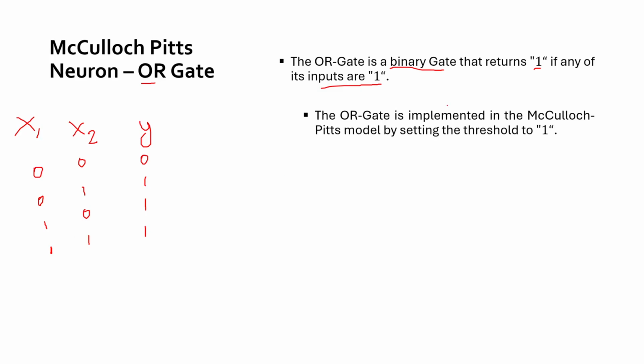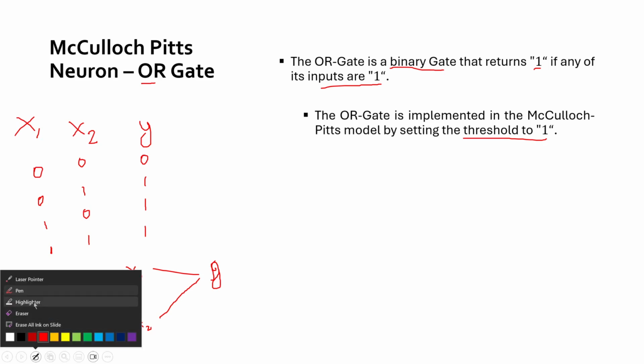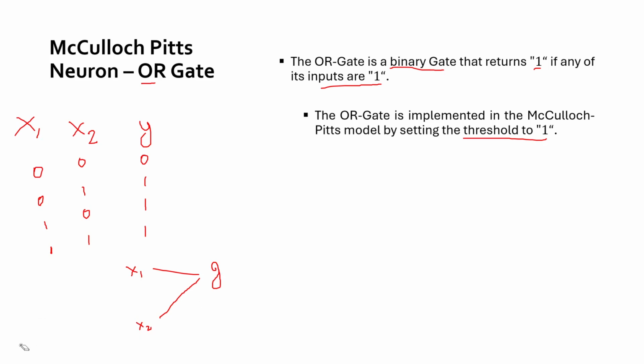The OR gate in the McCulloch-Pitts neuron is implemented by setting the threshold to 1. So if you consider the inputs x1, x2 passed to the McCulloch-Pitts neuron, here is the function g, and then here is your function f where the theta is applied, and here we have set theta equal to 1.